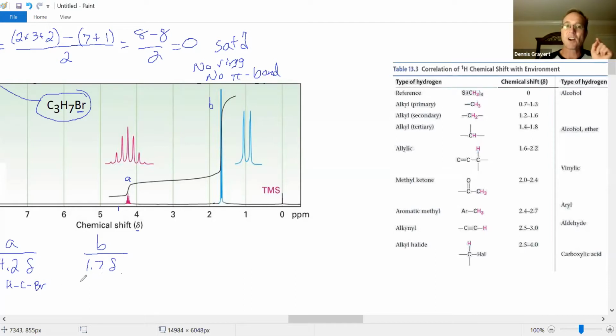These H's are farther from the bromine based on the position of 1.7. They're farther upfield. 4.2 is farther downfield. They're closer to the electronegative atom.